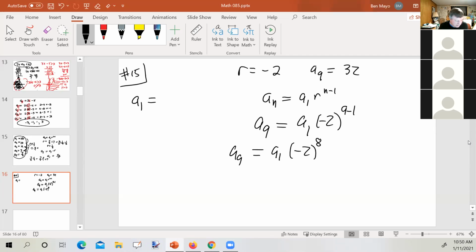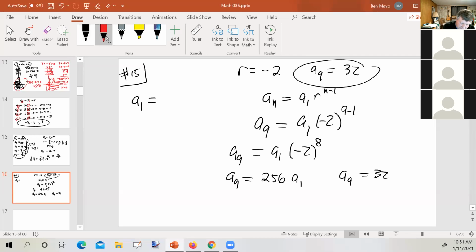Well, -2, the quantity, so put parentheses around it, -2 to the 8th power is 256. So a sub 9 equals 256 a sub 1. But we also know that a sub 9 equals 32 from the given information.